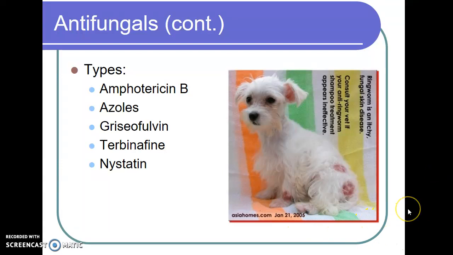So this little dog, this puppy, it's pretty typical to get fungal infections, especially ringworm, in puppies and kittens, especially if they have been kept outside. But shelters will usually also cause the spread of these if they're not very careful.